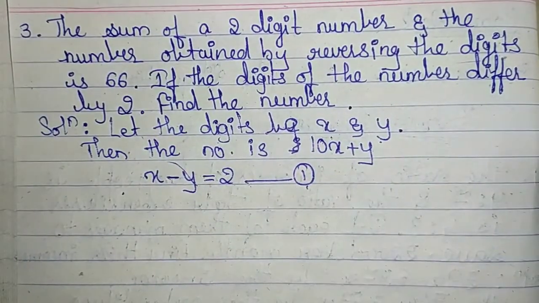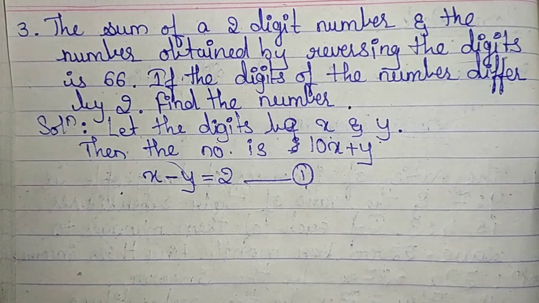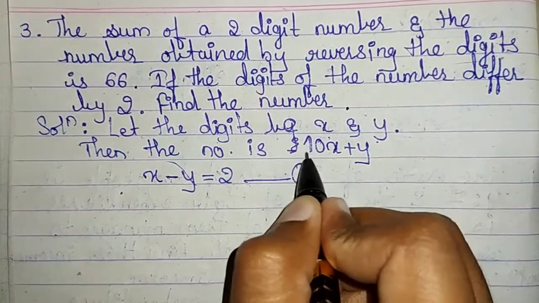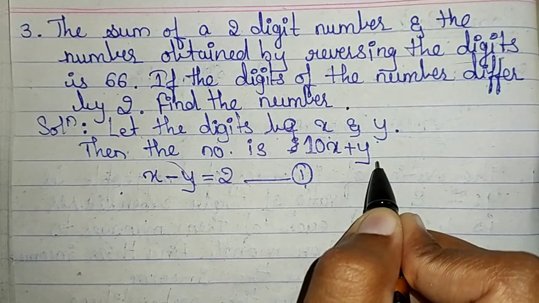For example, if you are writing 12, you will write 10 into 1 plus 2. Similarly, if you are writing 22, then you will write 10 into 2 plus 2 because 10 2s are 20, 20 plus 2, 22. Similar way, the number is 10x plus y.